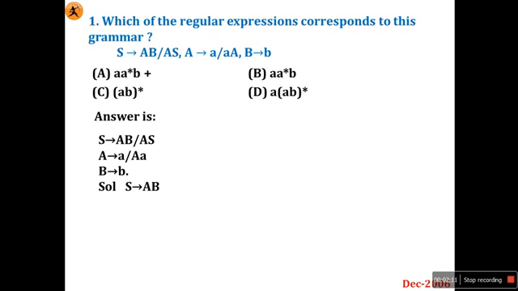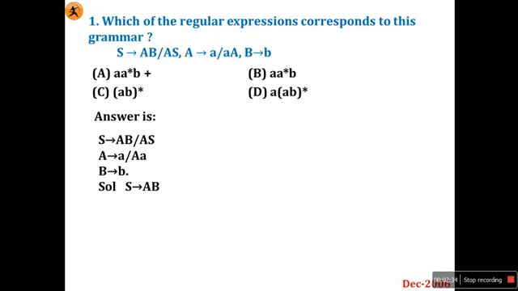You may start S goes to AB or S goes to AS. You may start with either, but most of the time you will get the answer with both. You may start with any of the productions and you'll get the answer. That type of grammar is called ambiguous grammar. We'll discuss it later on. First, start with the starting symbol S goes to AB.